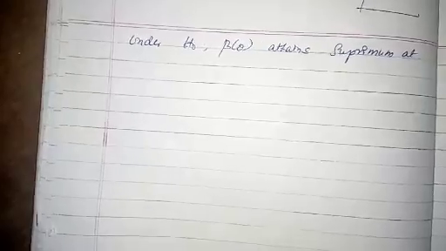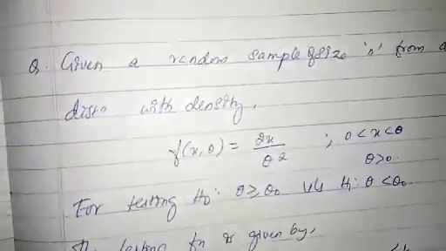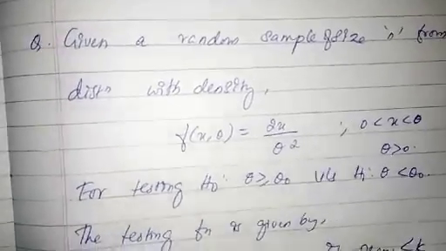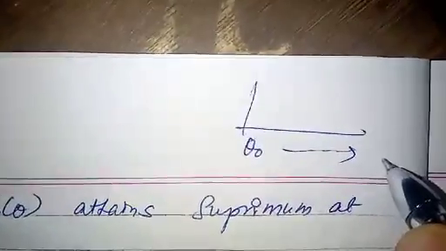The null hypothesis is theta is greater than or equal to theta naught, right? So here the value is from theta naught to something. This is the theta value.